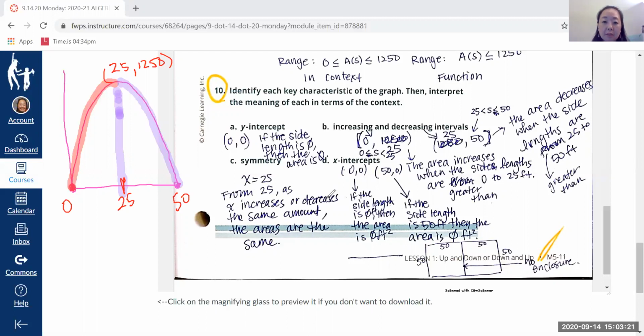Okay, and then we're going to go to symmetry. Oh, I actually just drew it. So see this purple line right here? That is our symmetry. Remember geometry? It talks about symmetry, like it's the same. So if we were to fold it over, it would be the exact same on this side and this side. So parabolas, they are symmetrical. And this axis actually has a special name to it. You'll learn about it soon.